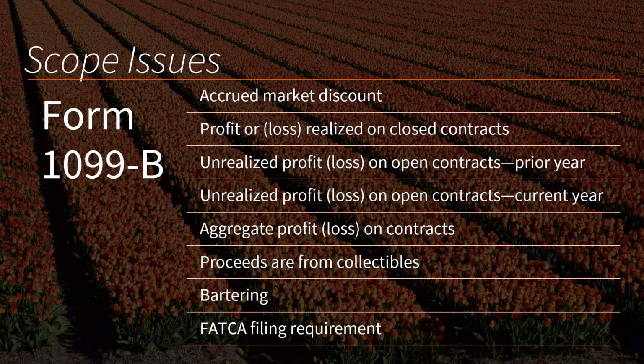These are all boxes on the Form 1099-B. So if you're seeing those boxes with amounts in them, then we need to send our taxpayer to a paid professional to help them with those.